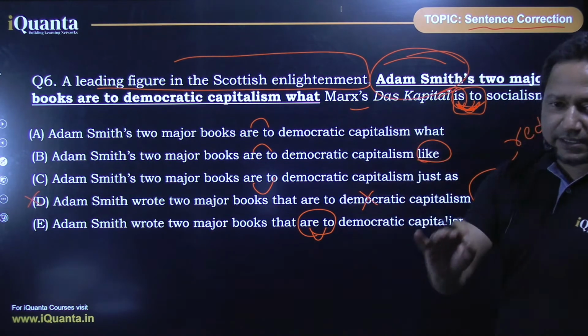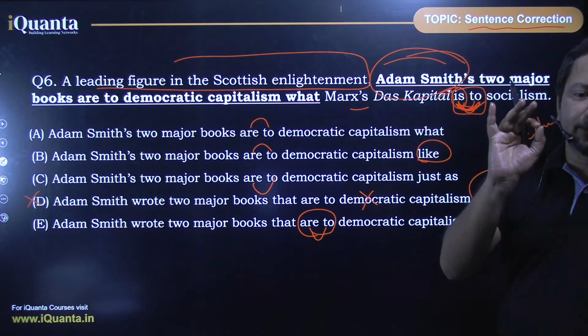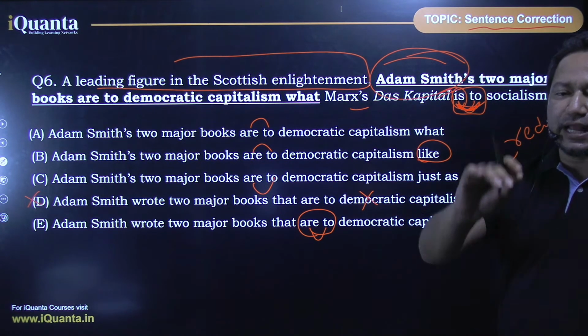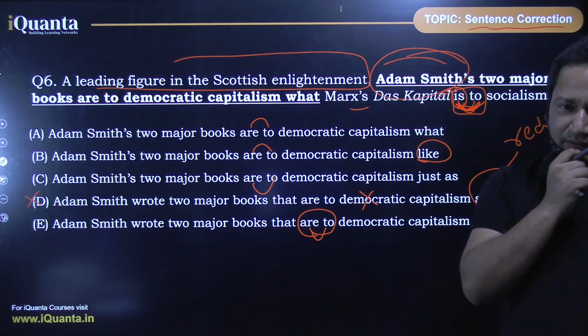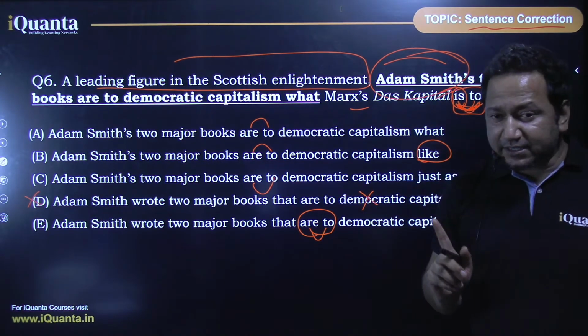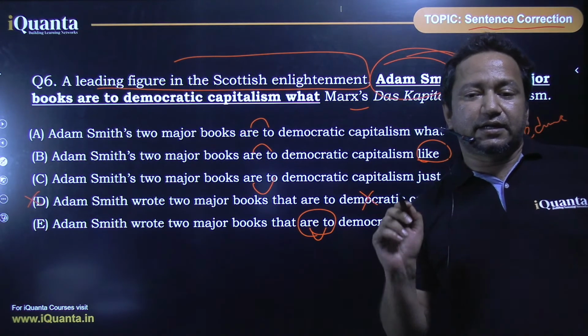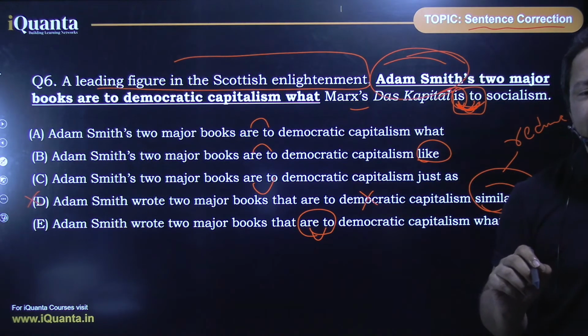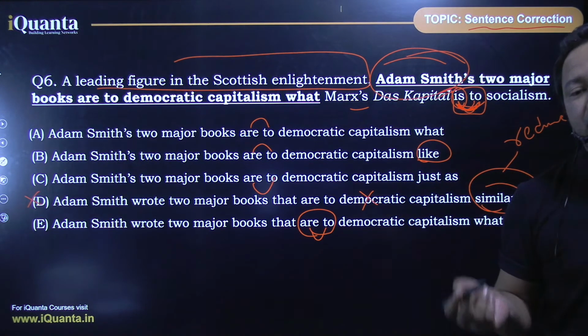So, what is this actually talking about? Is it talking about Adam Smith, or is it talking about the books that he has written? That is the question, right? Is the statement talking about Adam Smith, or is it talking about the work of Adam Smith?